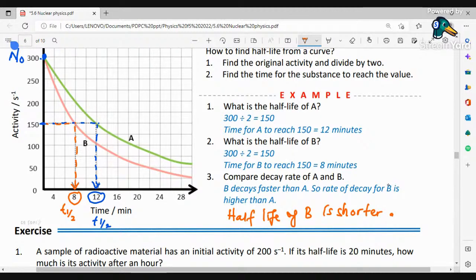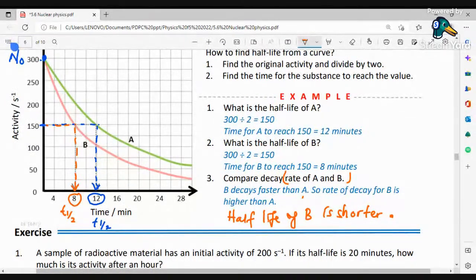So the decay rate for B is faster than A. Rate of decay for B is higher, because half-life of B is shorter. Sebab half-life dia pendek, dia lebih cepat decay. Decay rate is higher. Dia punya number of nucleus lebih cepat lah reduce.